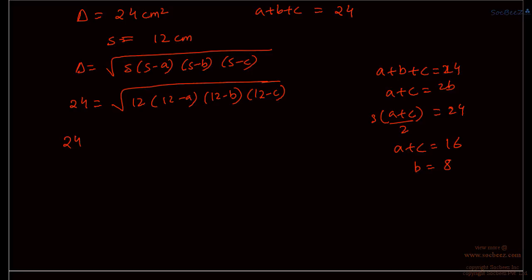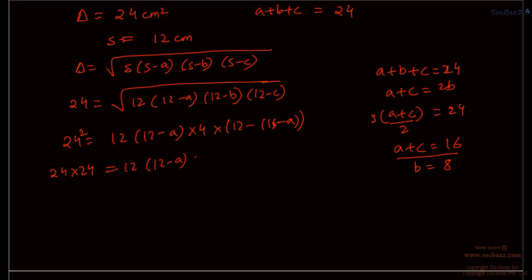Okay, so 24, let's square it. 24 square is equal to 12 into 12 minus a. Now b is 8, so 12 minus b will be equal to 4, and the third term is 12 minus c. But from this equation we have a plus c equal to 16, so c must be 16 minus a. So this is 12 minus 16 minus a. Now 24 into 24, 12 into 12 minus a into 4 into 12 minus 16, that is, a minus 4.